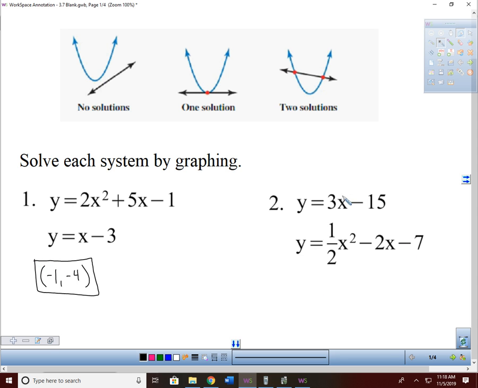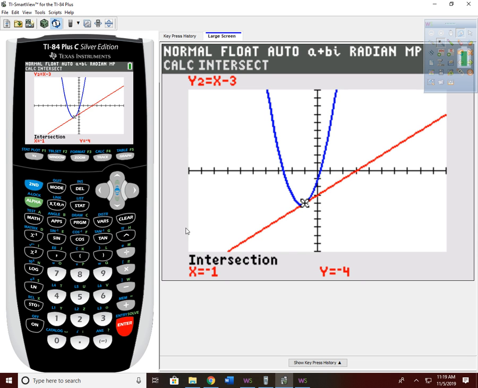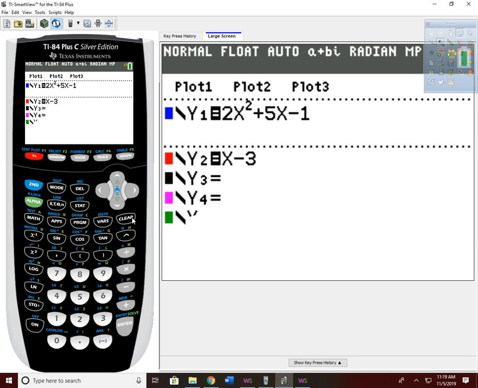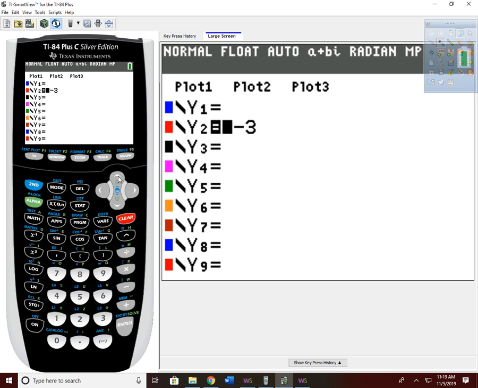All right, so we're going to do the same thing on number 2. Go back to your y equals. Make sure you clear out anything that was there. My first equation was y equals 3x minus 15, so I've got 3x minus 15.